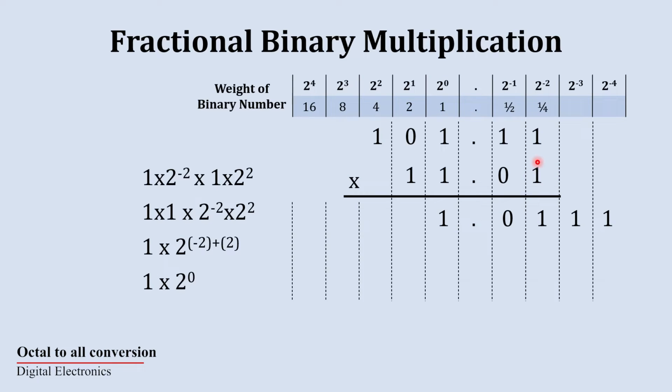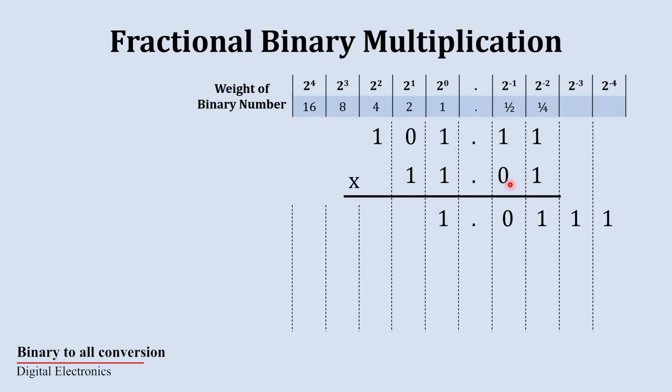So here we have multiplied this one with all the bits of multiplicand. The way we have multiplied LSB of multiplier with all the bits of multiplicand, the same way we have to multiply all the bits of multiplier with all the bits of multiplicand. So now we'll start with the 0 and we'll multiply this 0 with this 1.